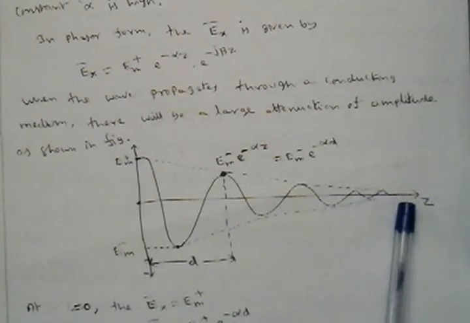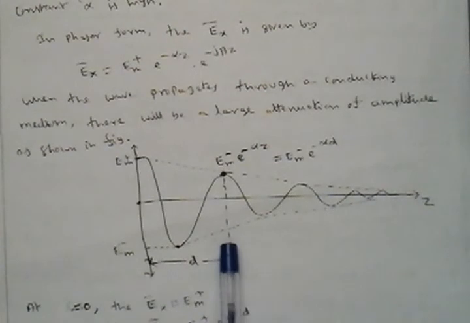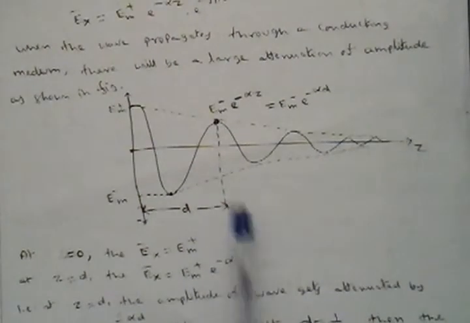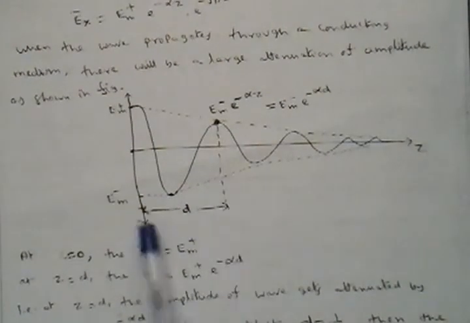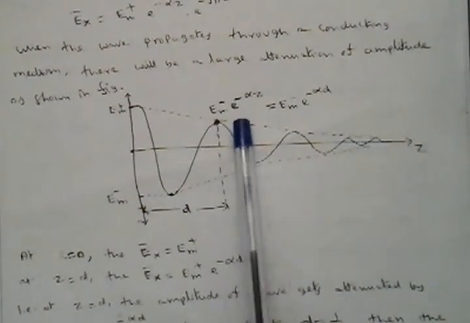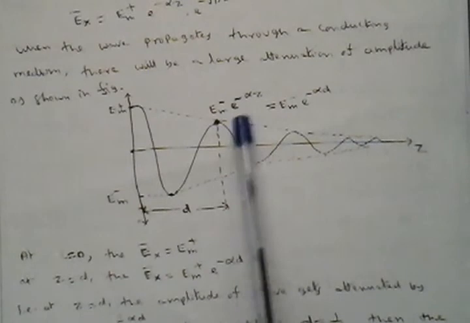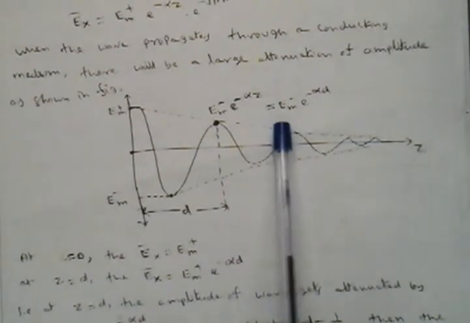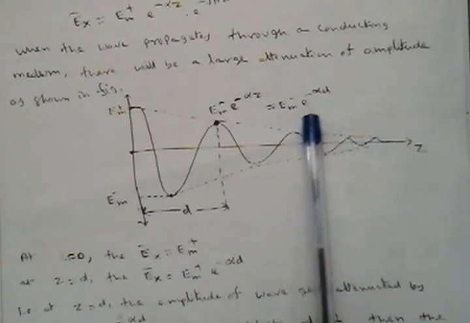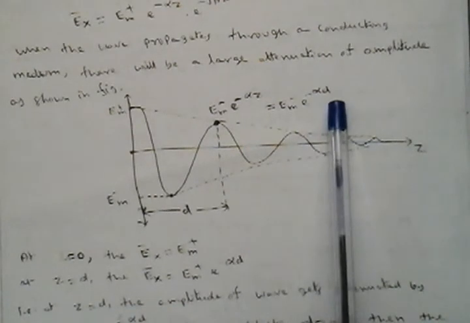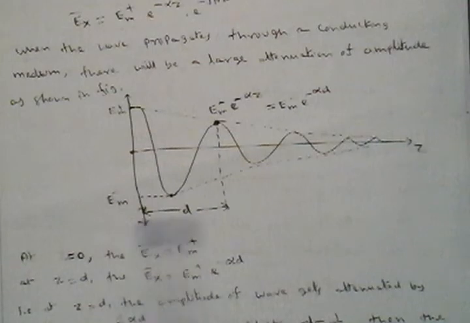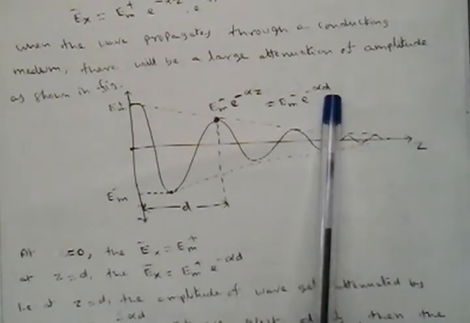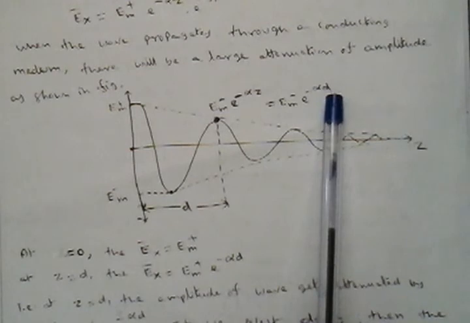At one particular distance d, the equation is Em plus e power minus alpha z, which becomes Em plus e power minus alpha d, since we consider the distance along the z direction.